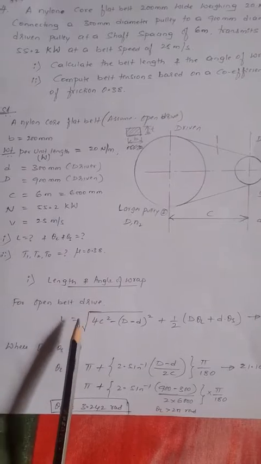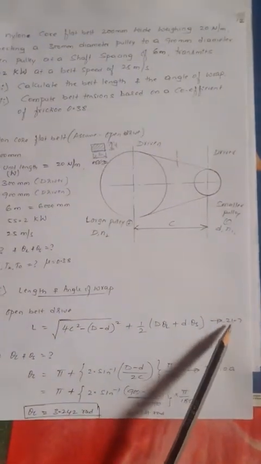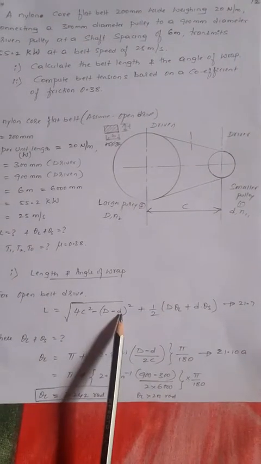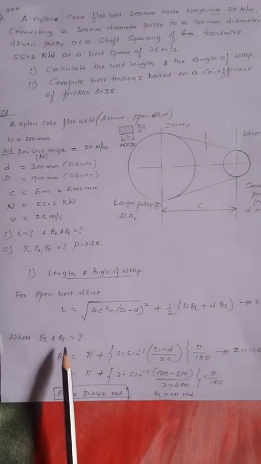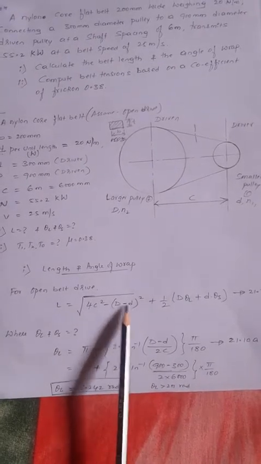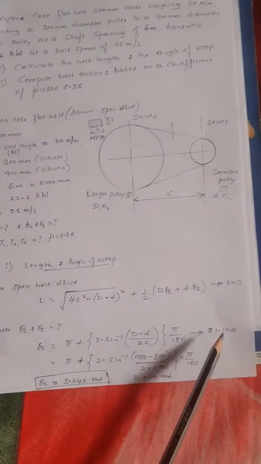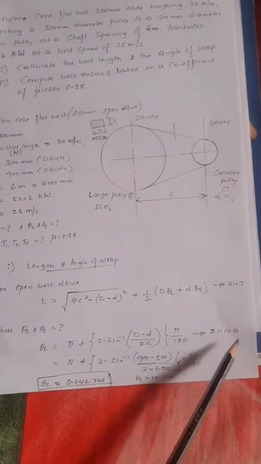For an open belt drive, the length is equal to, we know, equation number 21.7. Here theta L and theta S are unknown. Capital D is given, small d is given, C is given, theta L and theta S are unknown. Then you calculate theta L with equation 21.10a.